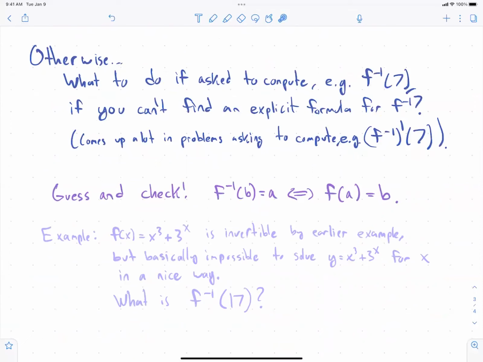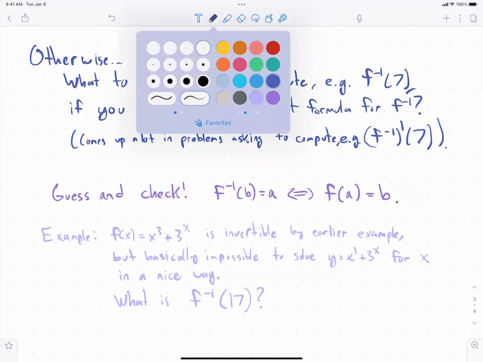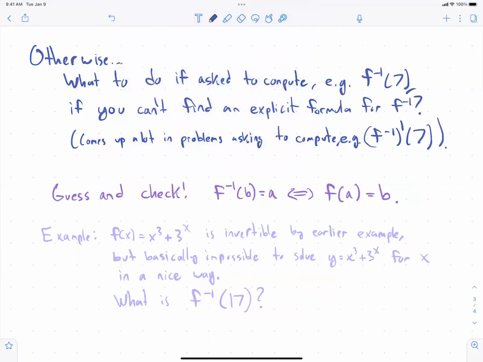Because when we know what f inverse of a number is, we have a nice formula for the derivative. If a is equal to f inverse of 7, then f inverse prime of 7 is equal to 1 over f prime of a. This comes up a lot when computing these derivatives.